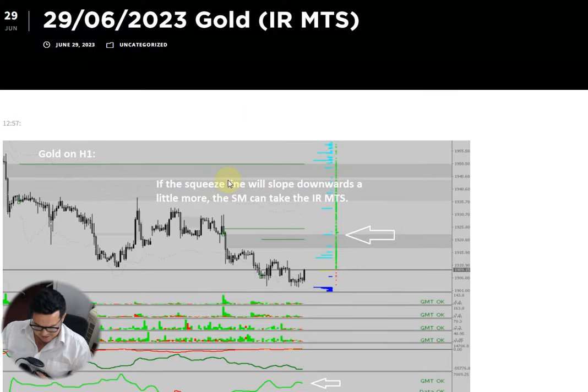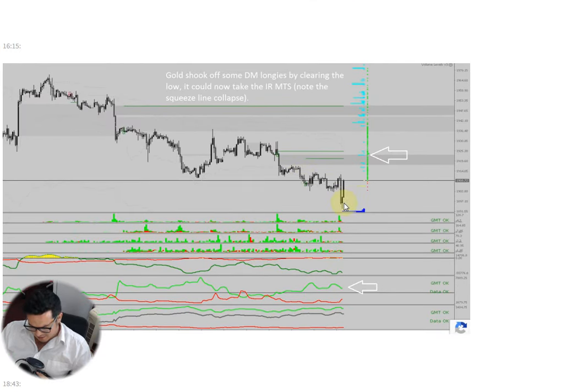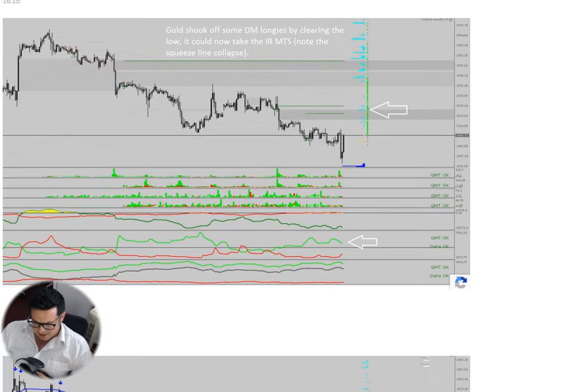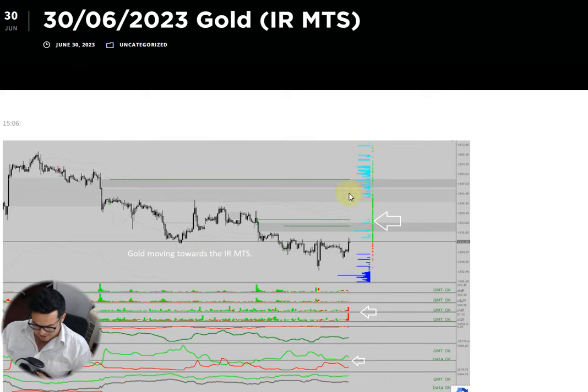So I wrote at 12:57, if the squeeze line slopes downwards a little more, the smart money can take the inner range MTS. And guess what? They go and retest the low. So of course they take stops, therefore longies get kicked out. And now the way is free to do a nice, beautiful inner range up move, like on the 30th.